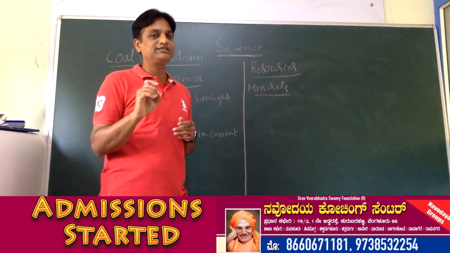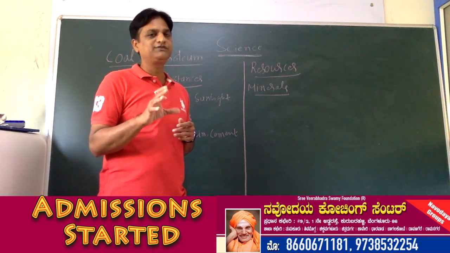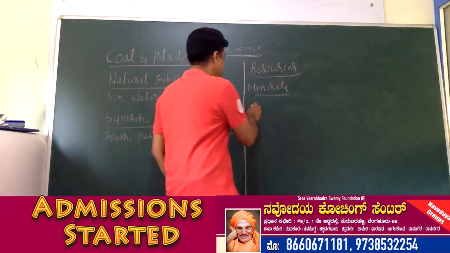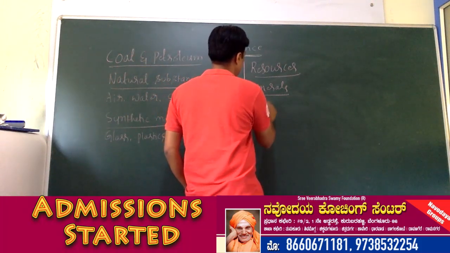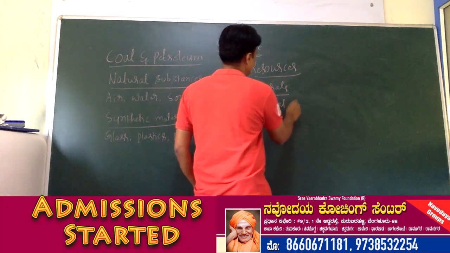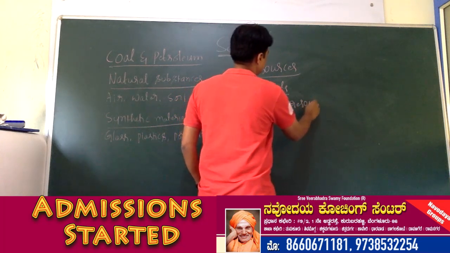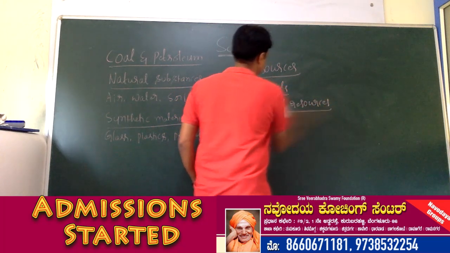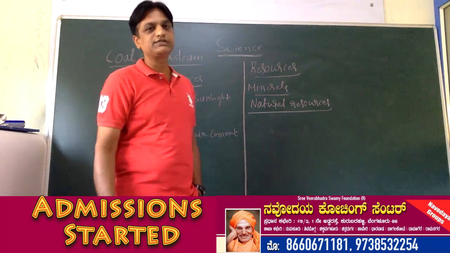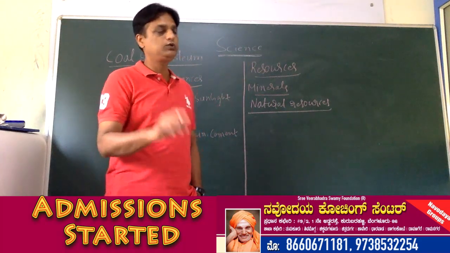Based on that we have two types of resources. Resources which are available in nature are called natural resources. Natural resources are classified into two types.